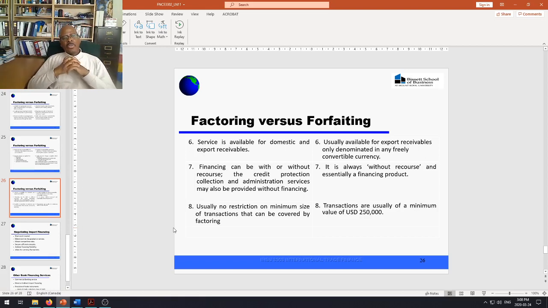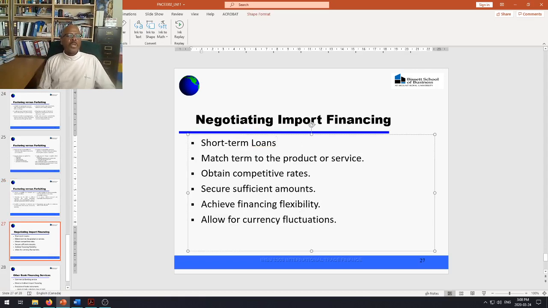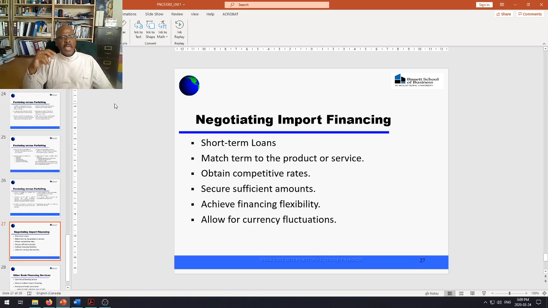The last thing I want to speak about here is another form of short to medium-term financing, and it depends on the negotiation terms. And that's what's called negotiated import financing. I'm not sure what that's doing there. So negotiated import financing is where the importer essentially decides that they will obtain financing and pay the exporter payment in advance.